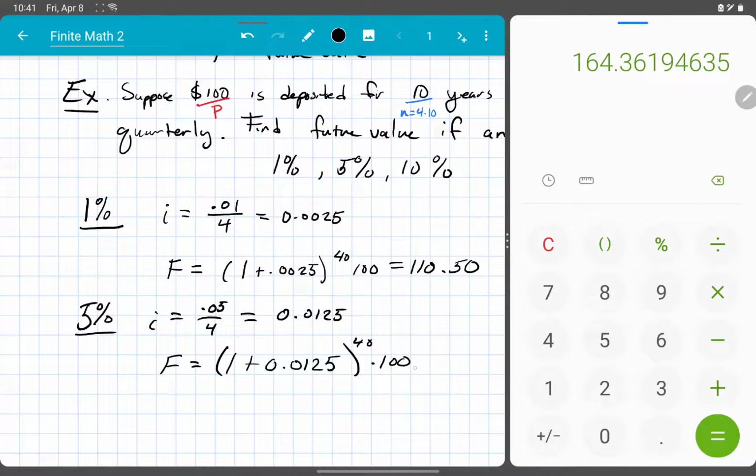Okay, now we have $164.36. Now we think 5% a year, I should have an extra $50 at the end of the 10 years. But there's an additional $14 more because of the compounding. And there's a big difference between 1% interest and 5% interest, as we can see here. Especially relative to the initial investment. We've gotten over half of our initial investment back when we have 5% interest.